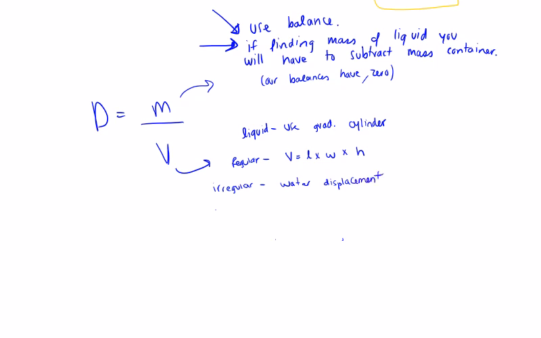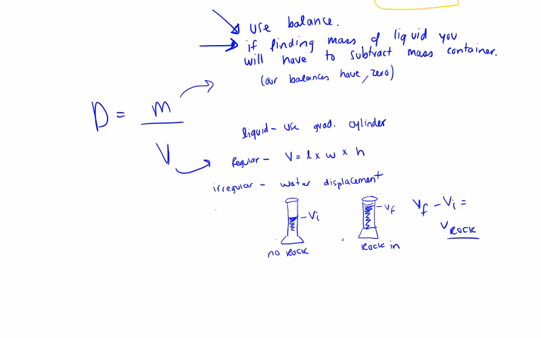Okay, the water displacement method is when you'd have a graduated cylinder and you're going to read your meniscus, you're going to read your initial, and then you're going to take the rock that you have and you put the rock in. Okay, and then you're going to subtract. So VF minus VI is going to give you the volume of your rock.